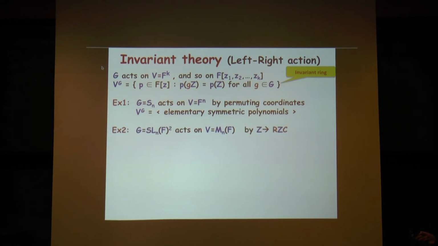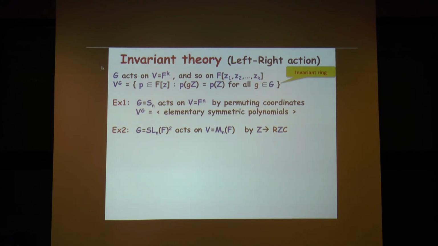Good, that's one example. Here's another example. Suppose now the vector space is a vector space of matrices, and I act on it by multiplying it on the left and on the right, basically by basis change on the left and on the right. So by a simple linear group action, by a matrix of determinant 1, basis change on the left, basis change on the right. If I do this change, so that's a group that's acting on matrices, what remains invariant?